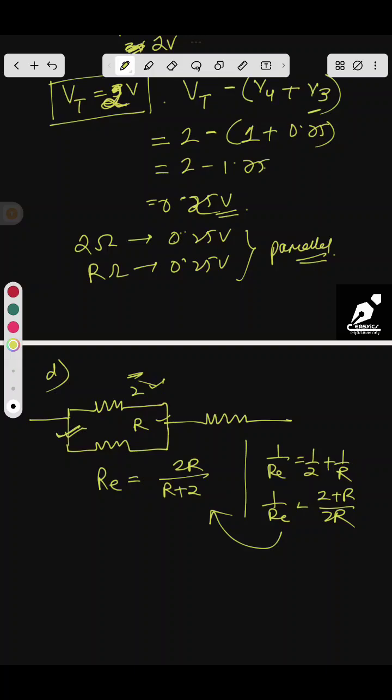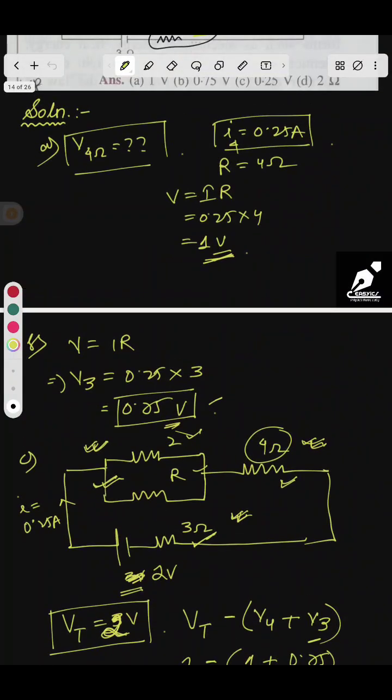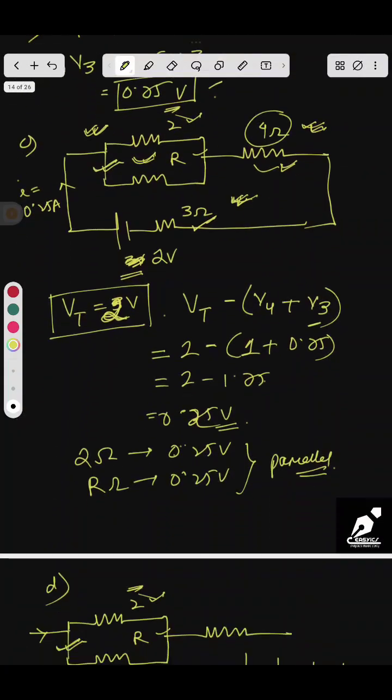Okay. What is the potential consumed by this combination? It is 0.25 volt. What is the current getting inside this combination? It is 0.25 ampere. It is given in the question. The circuit receives a current of 0.25 ampere. Because this part is in series, all of them will be having the same current. So this combination also has 0.25 current.